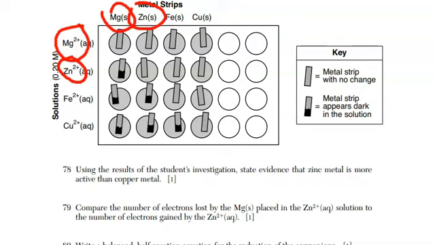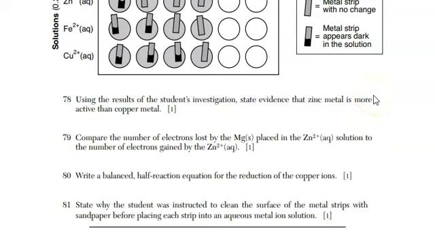Moving on to 80. Write a balanced half reaction equation for the reduction of copper ions. Let me tell you, students, and I'm sure yourself included, always struggle with these types of questions. If we're dealing with copper ions, we're dealing with Cu2+, it's right here. And if it's being reduced, we're talking about gaining electrons.